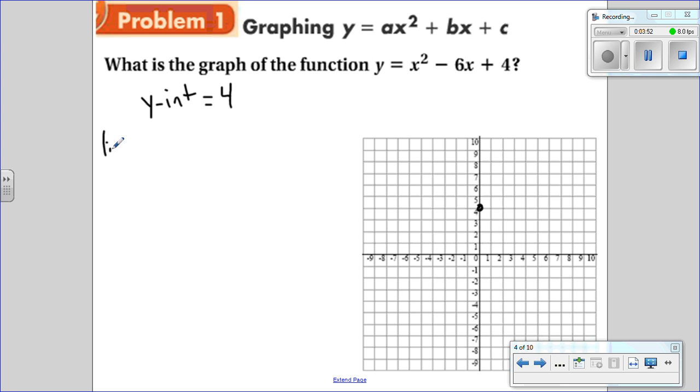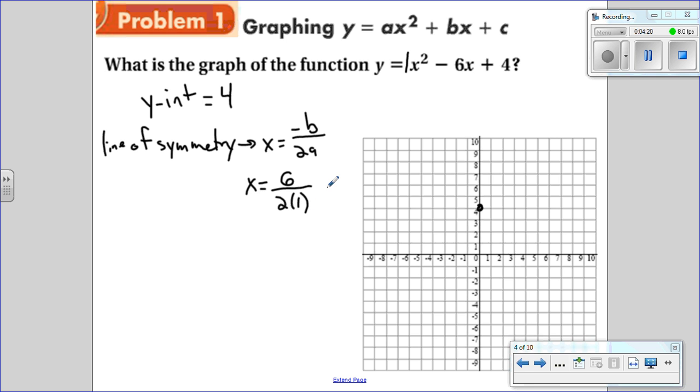Okay, the next thing we want to know is the line of symmetry. And if you remember, that was x equals negative b divided by 2a. So negative b is the opposite of negative 6, which is positive 6, divided by 2 times a. A in this case is 1. So 2 times 1, which is 2. 6 divided by 2 is 3.